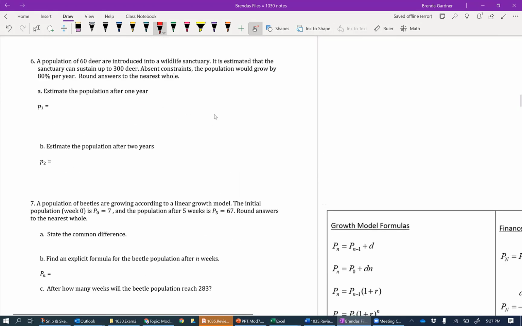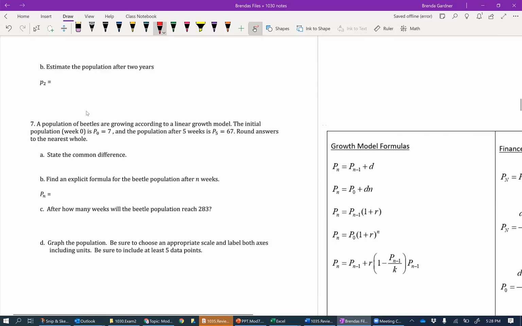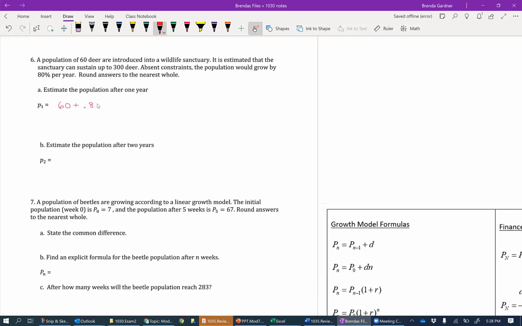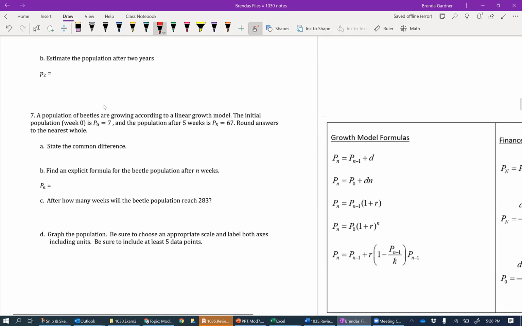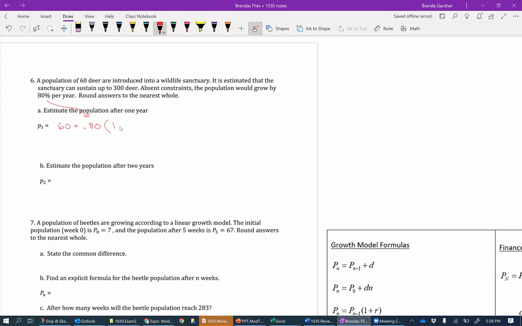So you would plug in what it was initially, which was 60 plus R, which is 0.8 for the 80%, and then times 1 minus 60 over 300, and then times 60, if I have that formula right. And when you get that answer, you plug that into this for all of the 60s, whatever it happens to be.